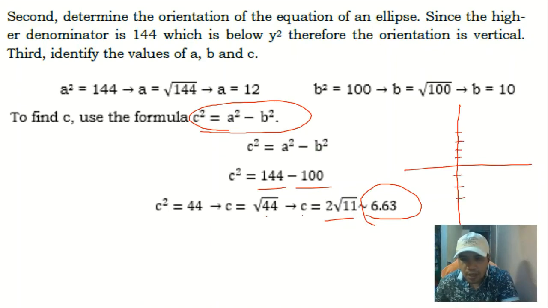Ang B is 10. 3, 6, 9, 12. So, ito yung isa. Then yung 10 is nandito. Masyado siya malayo. Then, focus ay nasa 6.63. 3, 6. So, somewhere nandito ang focus.